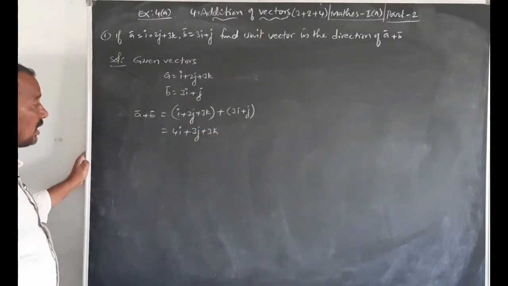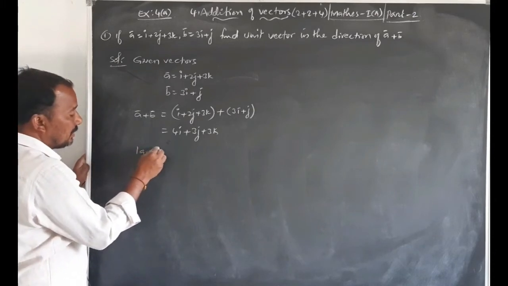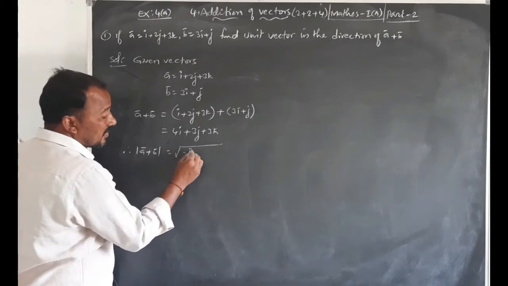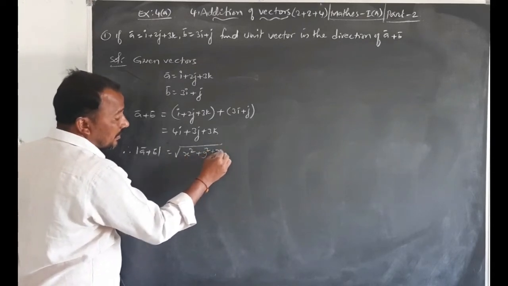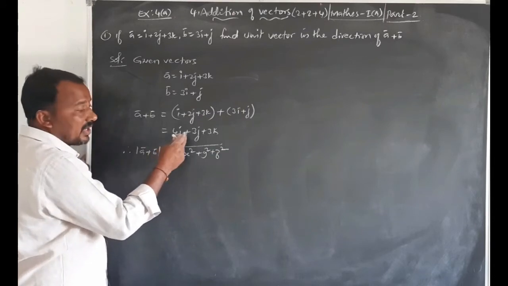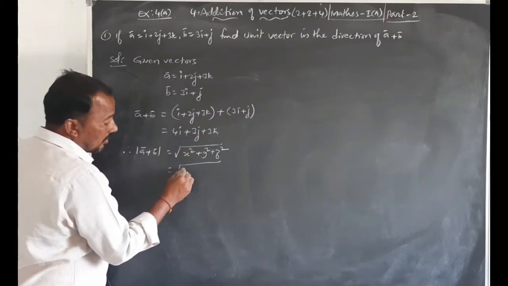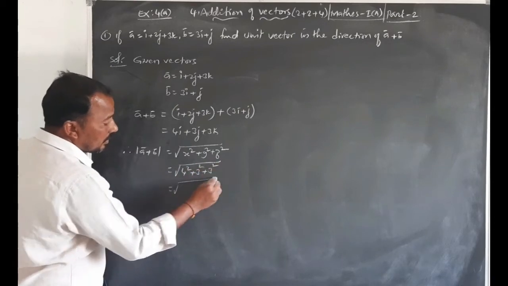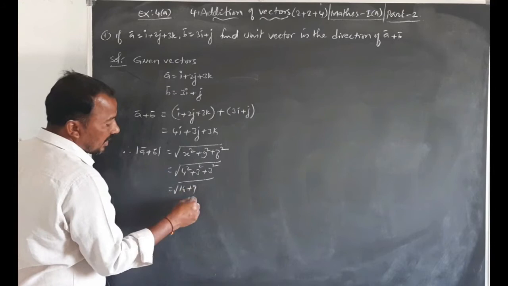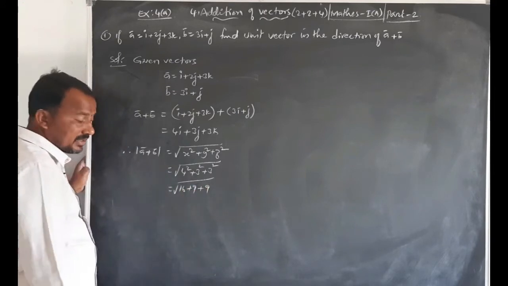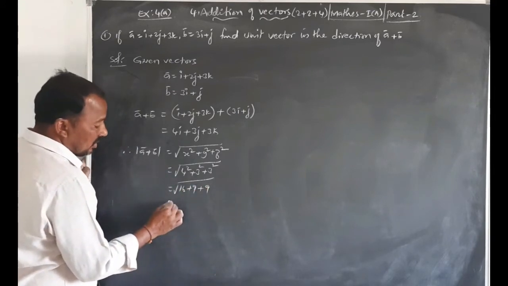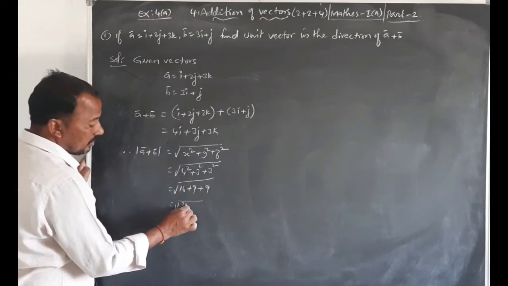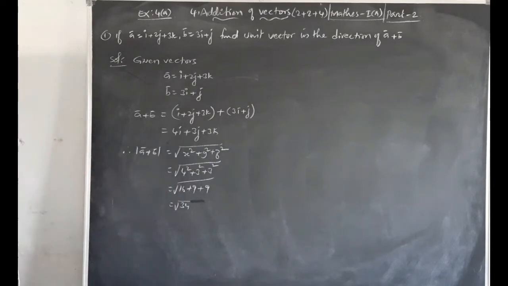Now find mod of A plus B, which is the square root of x squared plus y squared plus z squared, the coefficients of i, j, k. Square root of 16 plus 9 plus 9, which is square root of 34.